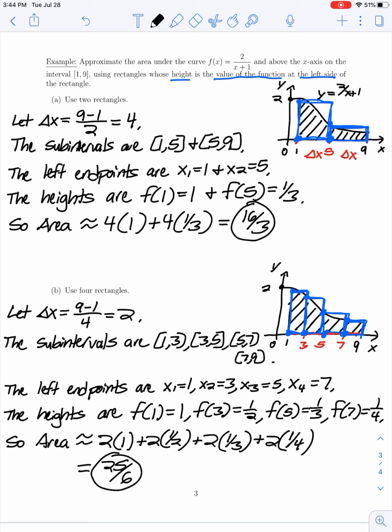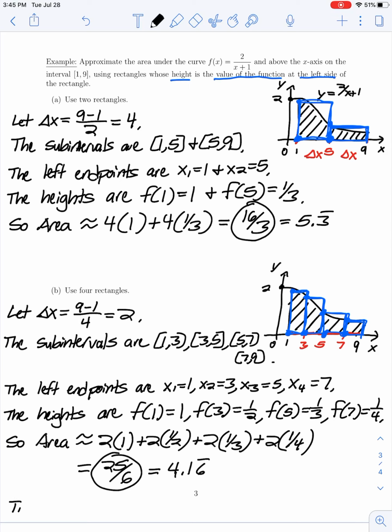All right. So these values, just for comparison's sake, this 16 over 3 that we found in part A is 5 1/3, or 5.3 repeating. The 25 over 6 that we found in part B is 4.16 repeating.